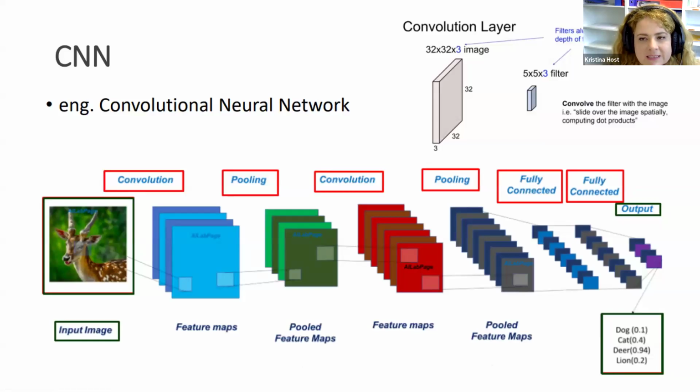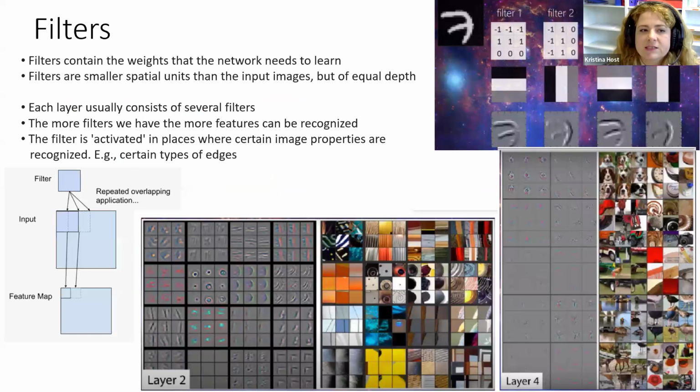It's the same as the kernel that we used for dilation and erosion, for example. Filters contain the weights that the network needs to learn. They are smaller spatial units than the input images, and each convolutional layer usually consists of several filters. So the more filters we have, the more features can be recognized.